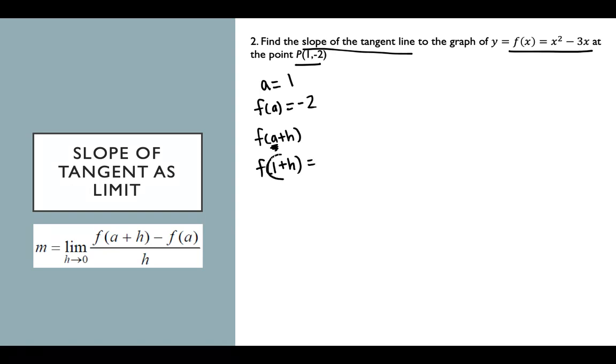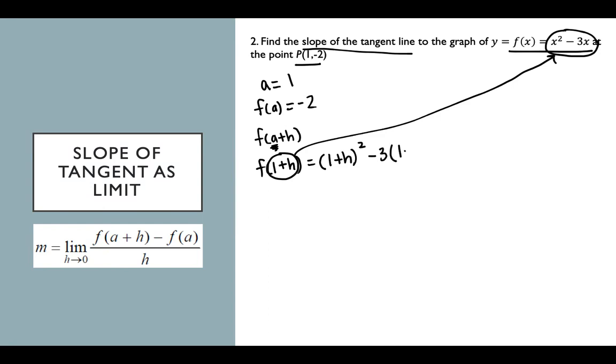My input is going to be 1 plus h into my given function over here. So instead of writing x squared, I'm writing 1 plus h squared minus 3, and instead of writing x, we're writing 1 plus h. That's my input into the function.